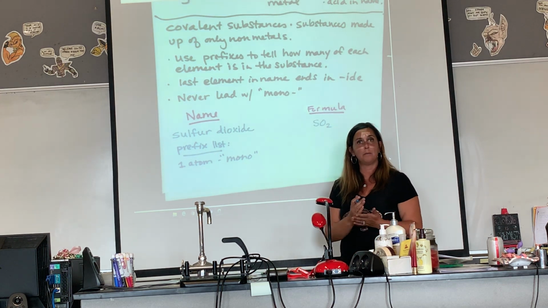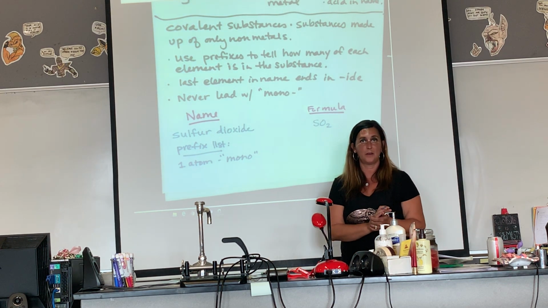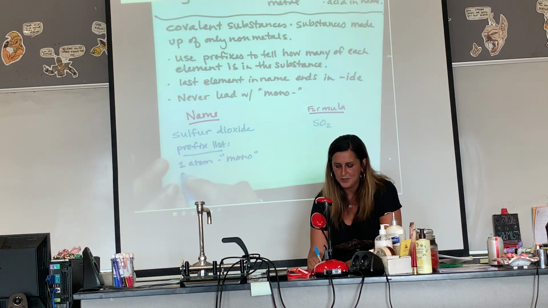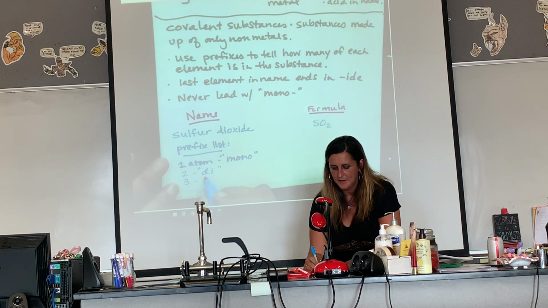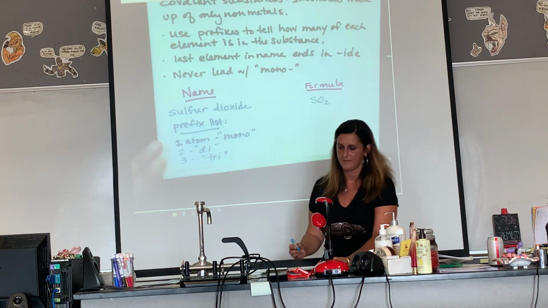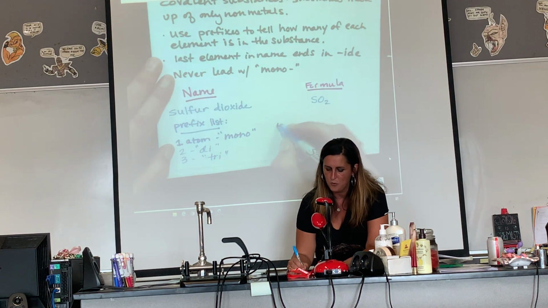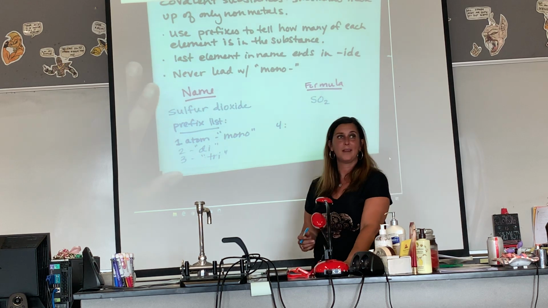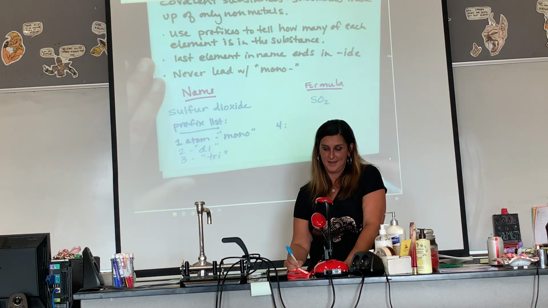That would only be at the middle or the end of a name. If there's 2 atoms, you use the prefix di. If there's 3, you use the prefix tri. If there are 4, you would maybe think that it's quad, but it's not.